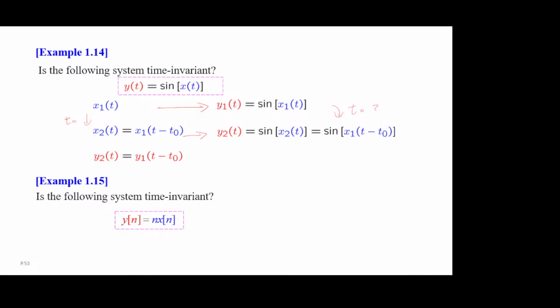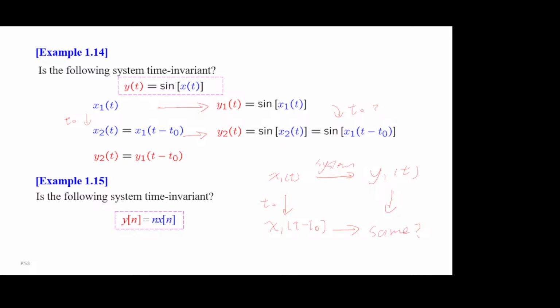So let me write a better picture of what I'm thinking about. You have x1 of t and you go through the system, then you get y1 of t. You can also do a time shift and get x1 of t minus t0. There are two things you need to check.